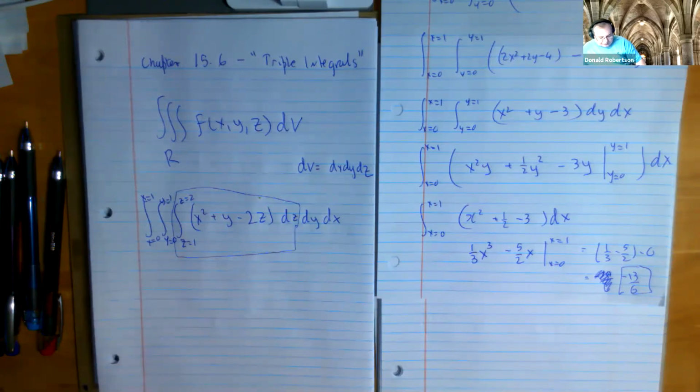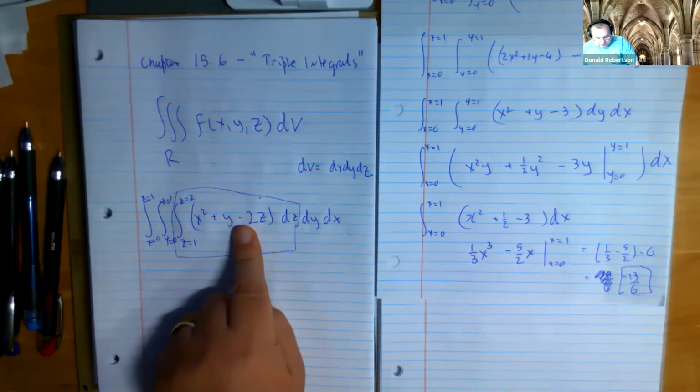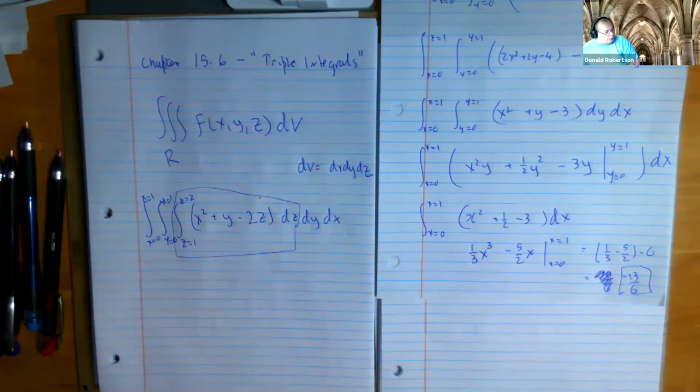Now, what does the triple integral of this function represent? Who knows? But I can tell you its answer is a number. And negatives can happen, positives can happen, zeros can happen, right?